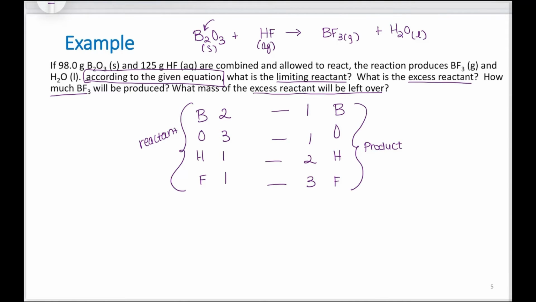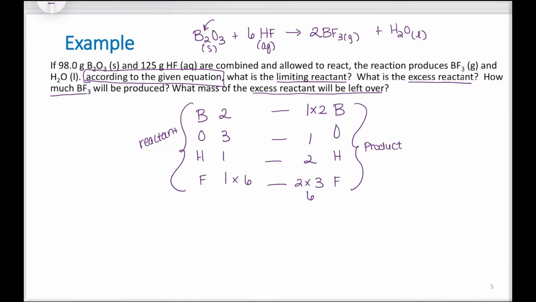The first thing I'm going to do is multiply the boron on my product side by 2 to balance out my borons. Note when I do that, it changes my fluorines. I now have 6 fluorines present on my product side. So I'm going to multiply the fluorine on my reactant side by 6 as well.